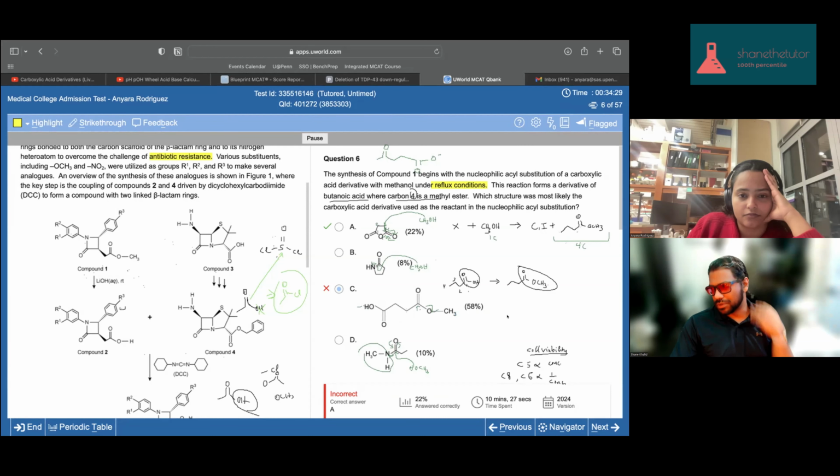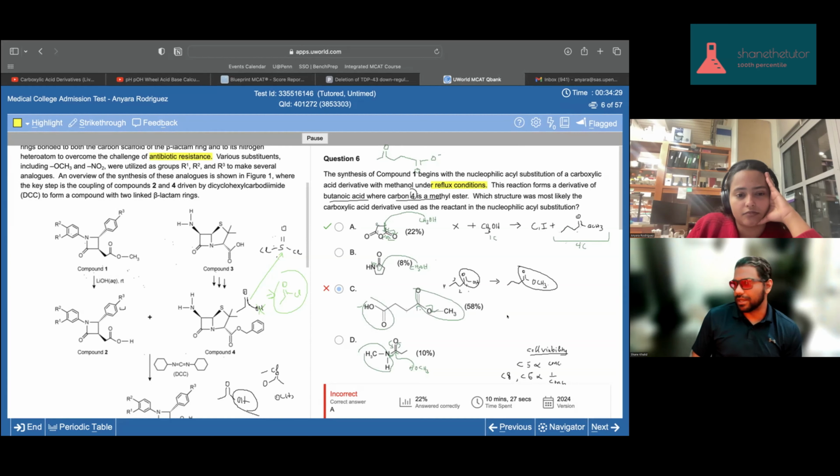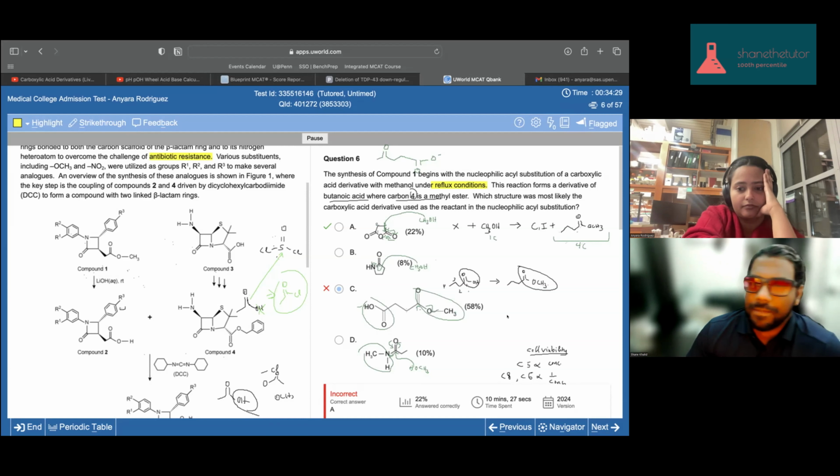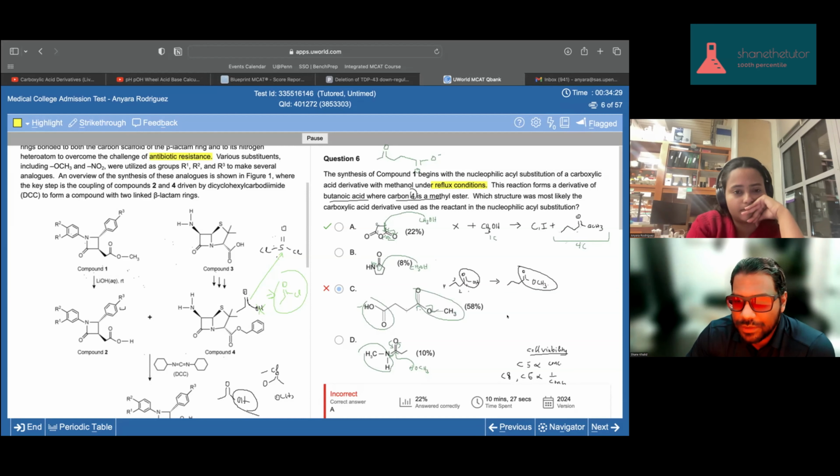But this already has a carboxylic acid and an ester, and we want to create that ester bond after we do the reaction. So this already has that, so that's not going to work.